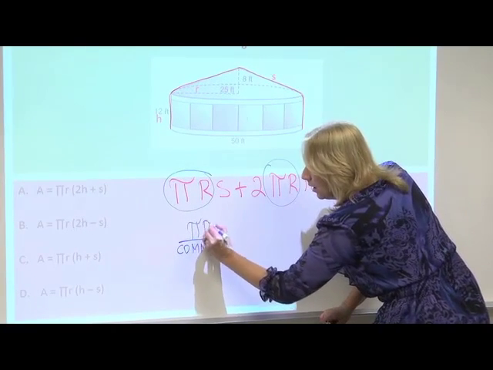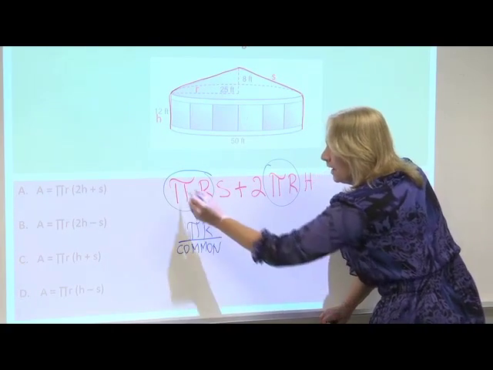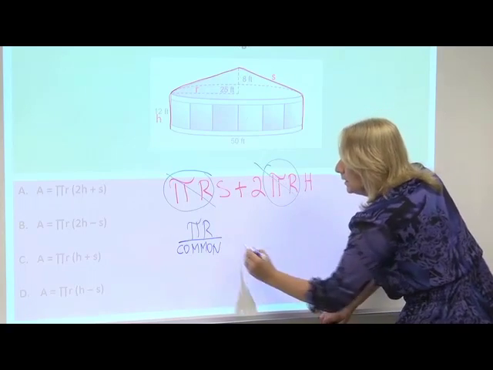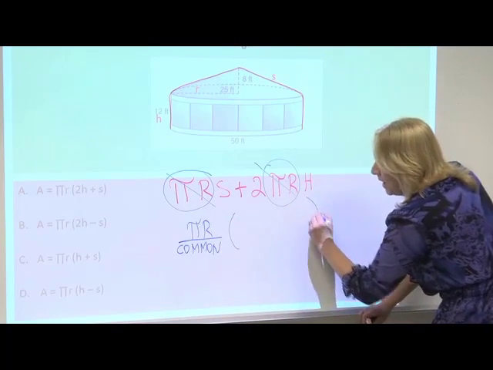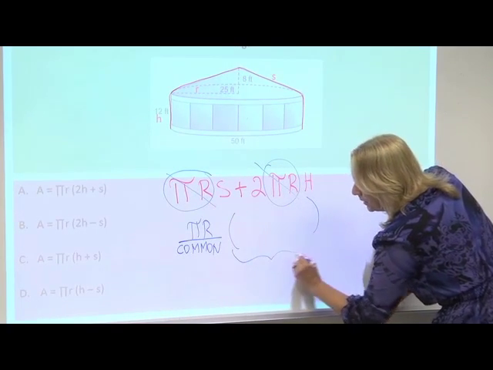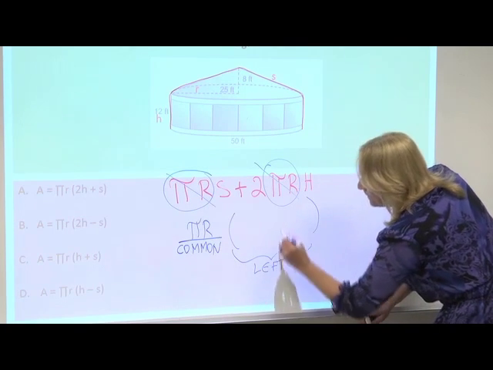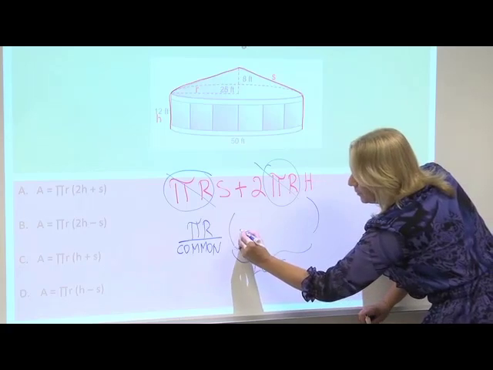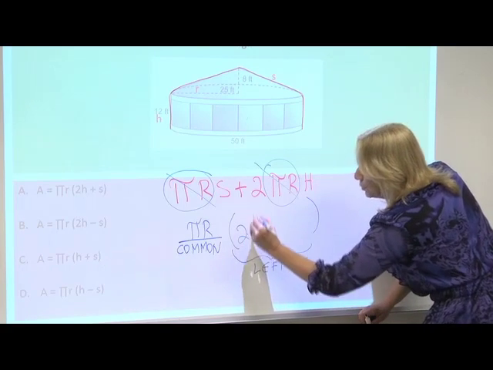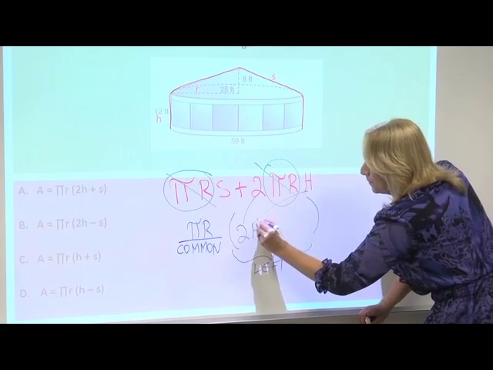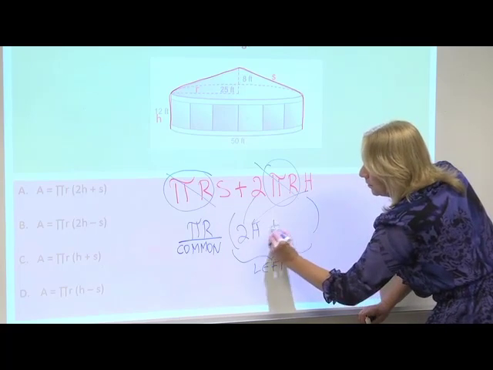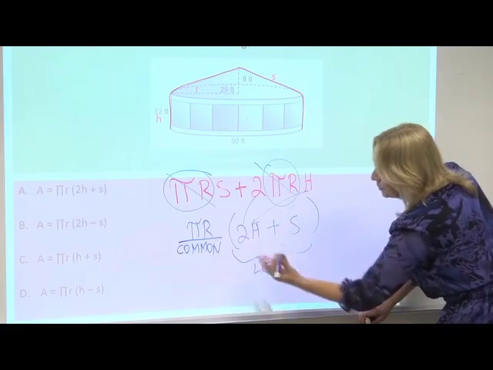Pi r in both of them. So this is gone, right? And whatever I have left, I put in parentheses. 2h, or it doesn't matter which one comes first. I have 2h left here, and s, or s plus 2h.